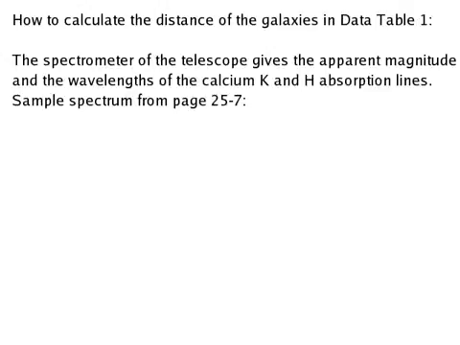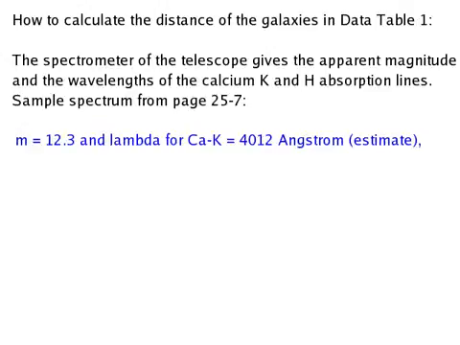We have to estimate that because the figure shows how the wavelength is measured of the calcium H line. And the lambda for the calcium H line is actually given or measured as 4,047 angstrom.